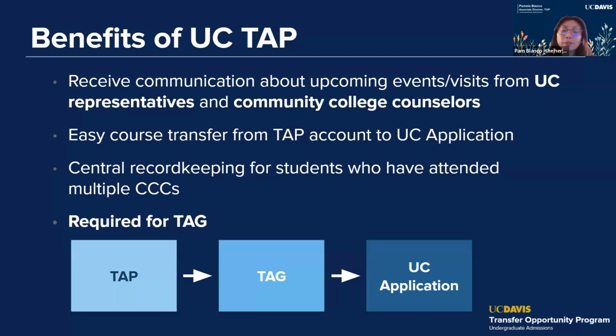It's not your UC application. It's just a planner, right? When UC representatives or your TOP advisors meet with you, we can use it to communicate with you. We can use it to evaluate your coursework, right?